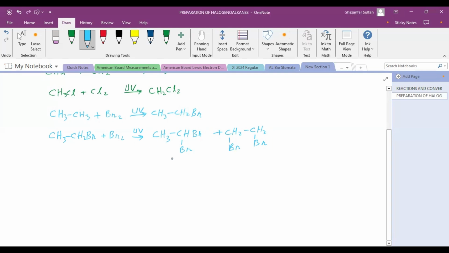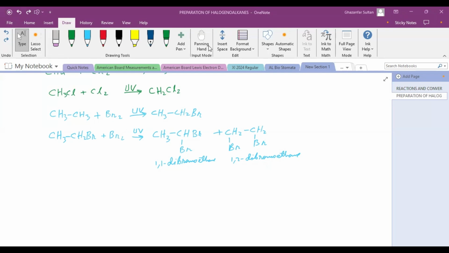One is called 1,1-dibromoethane while the other one is 1,2-dibromoethane. So two isomers are formed here, and similarly you can make any other halogenoalkane from an alkane by using this method.